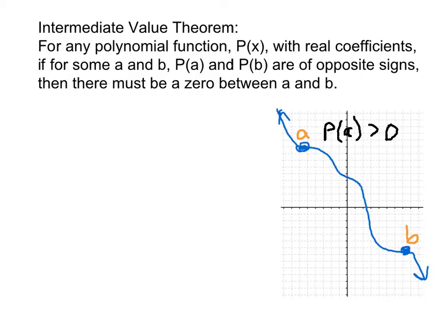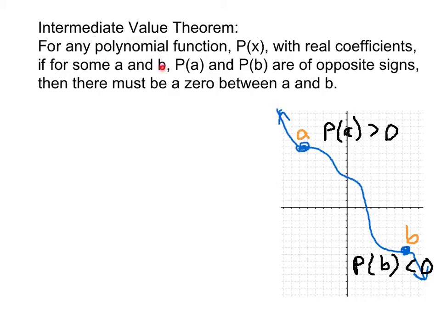It was a positive number because we plug in a and we go up. Down here for p of b, when we plug in b, our function happens to be below the x-axis. That means p of b is less than 0.